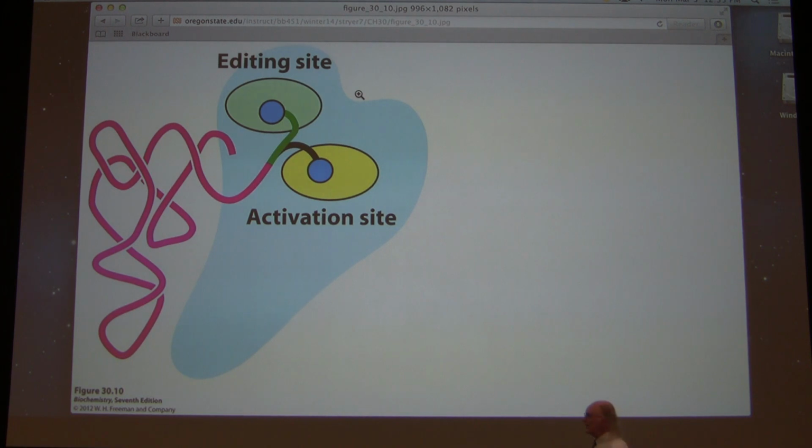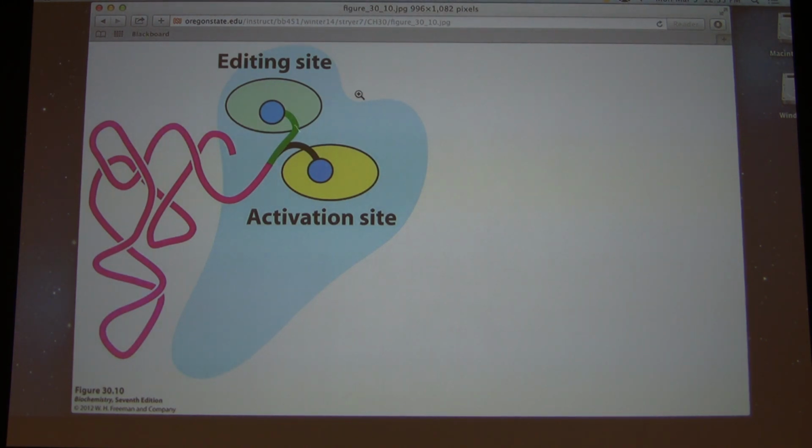Now, what this figure shows us, we're now looking inside of a Teri enzyme, the amino acyl tRNA synthetase. We're looking inside of this enzyme, and we're seeing the place where the reaction is being catalyzed to add that amino acid to the transfer RNA.